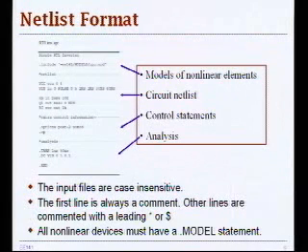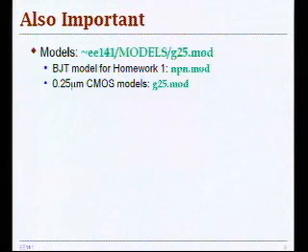The comment lines, and also all nonlinear devices, must have a model statement that is basically included in this model file. So in this class, you will have to work with quarter micron CMOS models. And especially for the first homework, you will also need to include this BJT model.